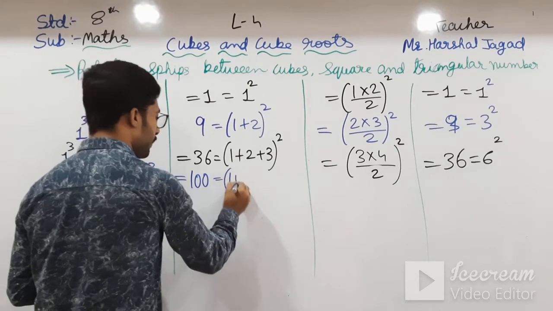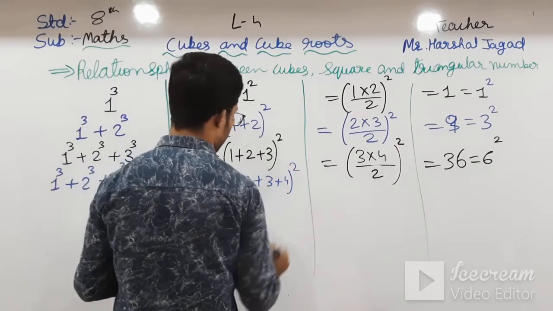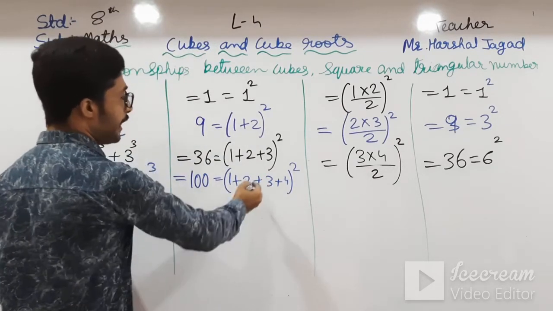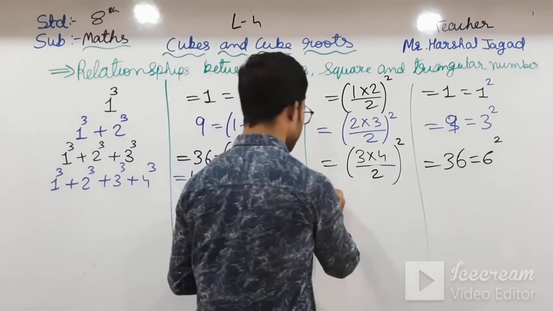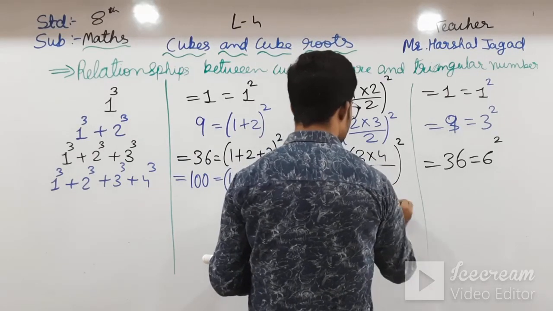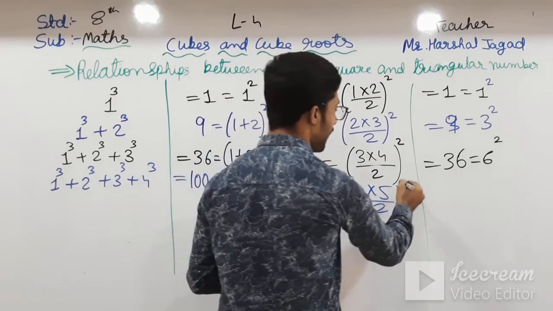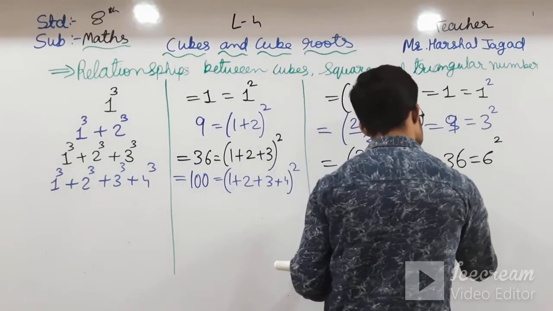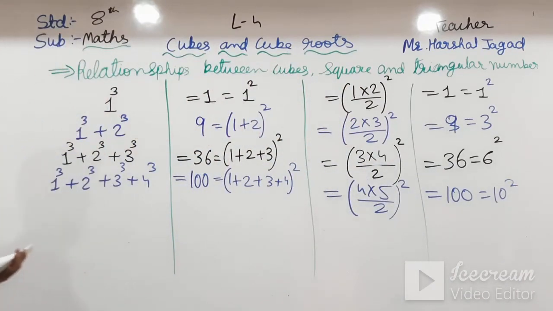So 1 plus 2 plus 3 plus 4 whole square: 4 plus 3 is 7, 7 plus 3 is 10. If we take 10 square, then we get 100. In this, 4 into 5 divided by 2, 4 5s are 20 divided by 2, that is 10, and if we take its square we get 100. So 100 is equal to 10 square. This is the relationship.